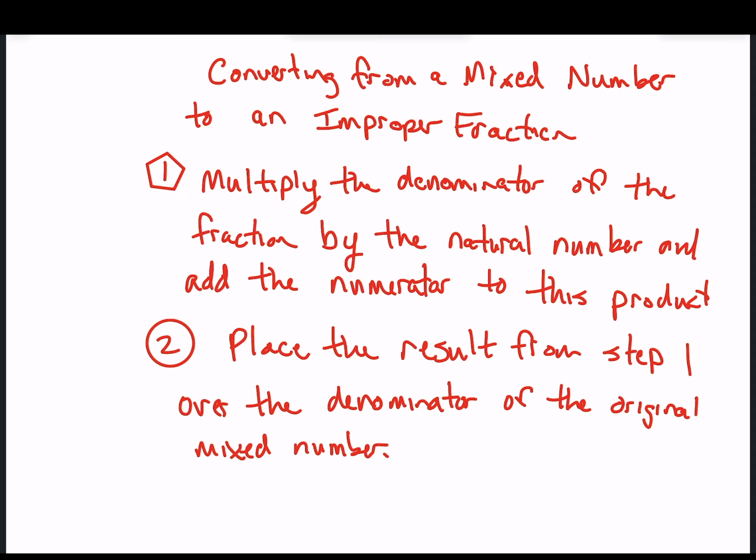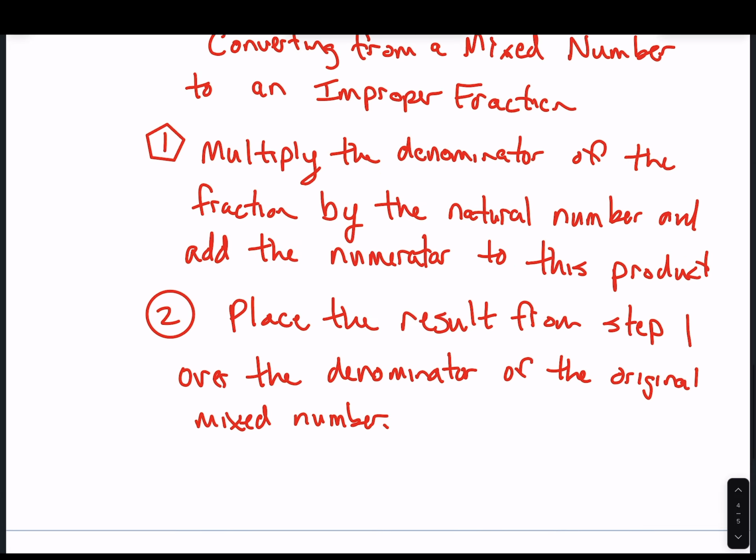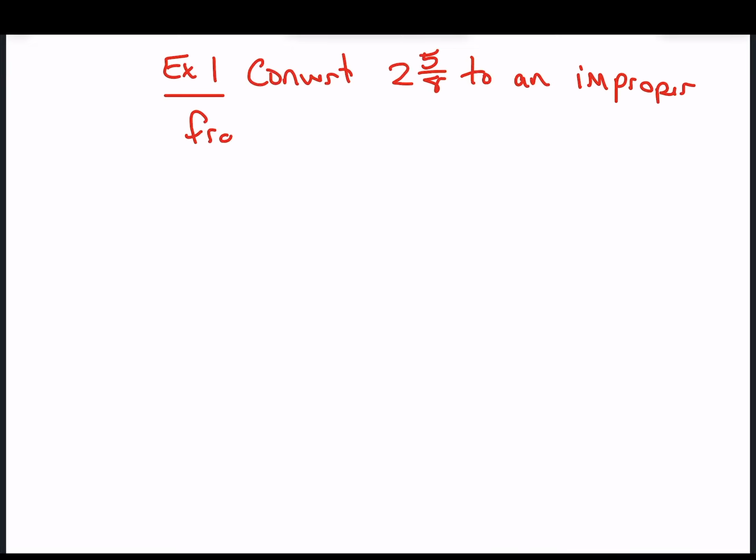Let's try an example. Example 1. We want to convert 2 5/8 to an improper fraction. So our first step is to multiply the whole number, the natural number, by the denominator of the fraction.